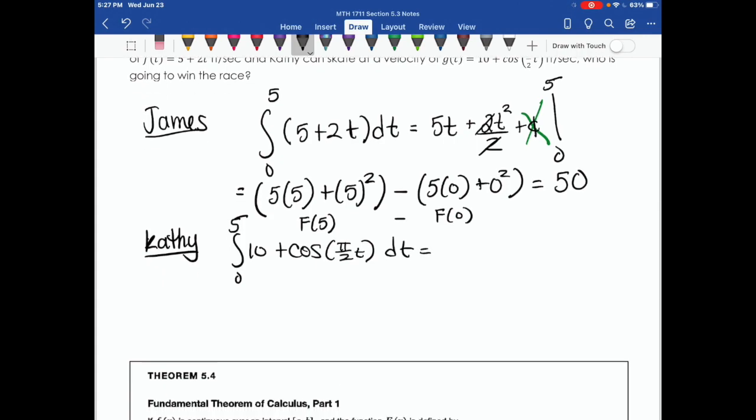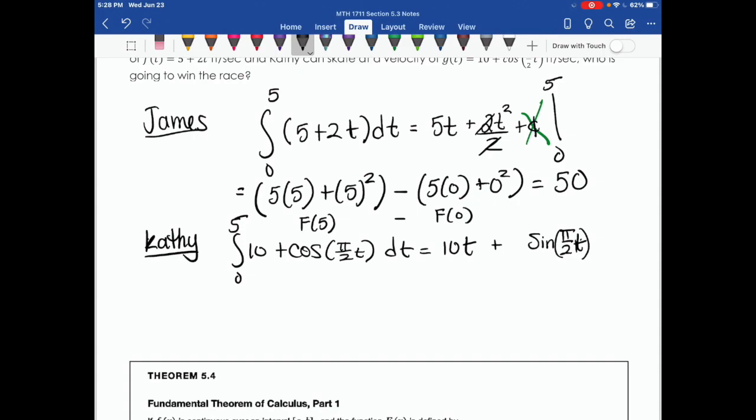Now when I integrate 10 and find the antiderivative, working backwards, that's going to give me 10t. When I find the antiderivative of cosine, that's going to give me sine of pi over 2t.